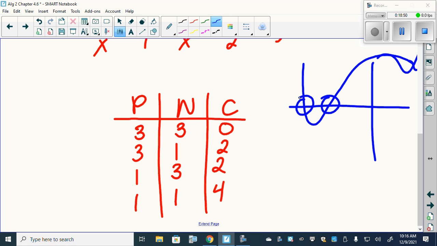Well, the only way that I can have 2 negatives show up means I need to have a third, because how many negatives can we have at most? 3, so if 2 show up, I know I have to have a third one somewhere. Does that make sense? So it's kind of telling us what zeros should occur, what should happen. It gives us a better idea and understanding of what numbers we should be looking for.